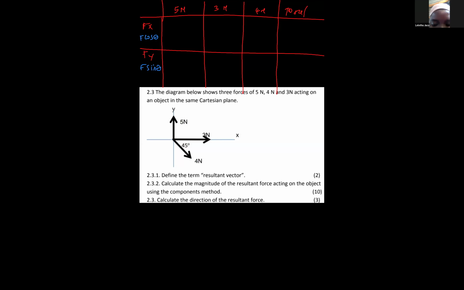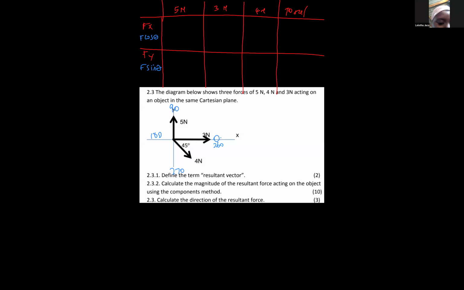So the first thing that we're going to do is to assign angles. We're going to say 0, 90, 180, 270, 360. What is the angle of the 5 newtons force? It's 90. Can you see that?